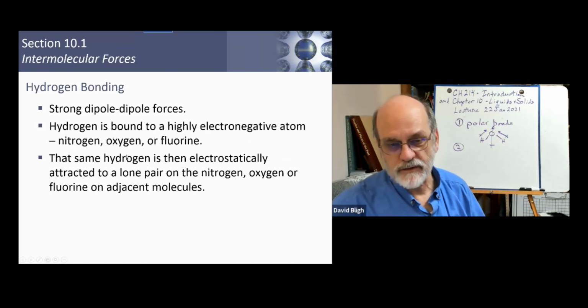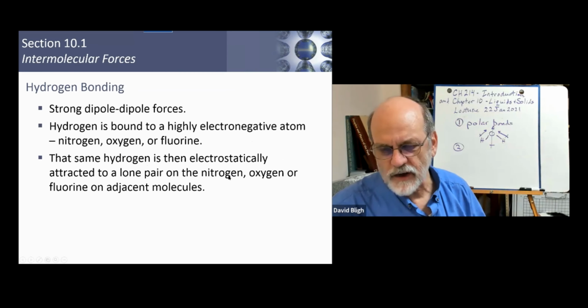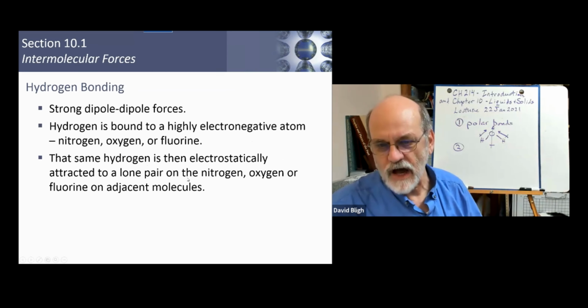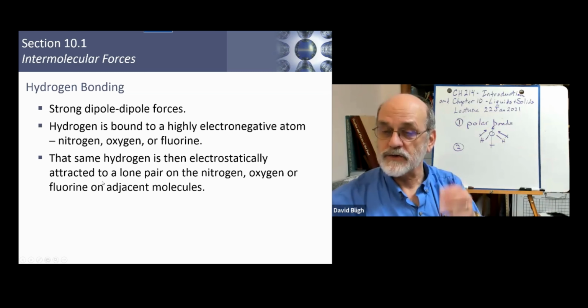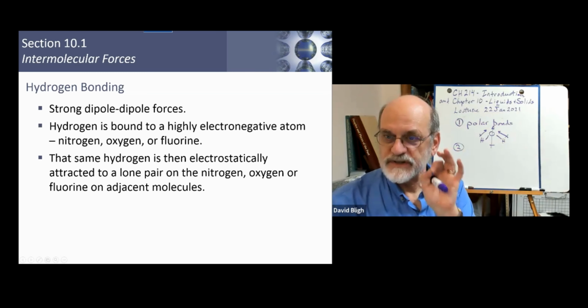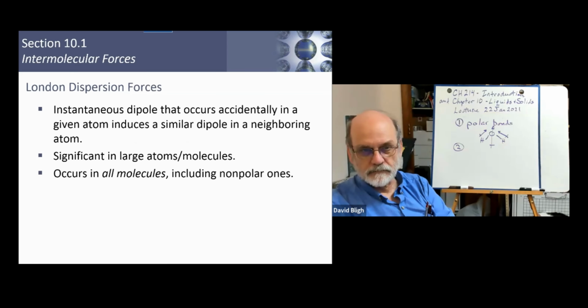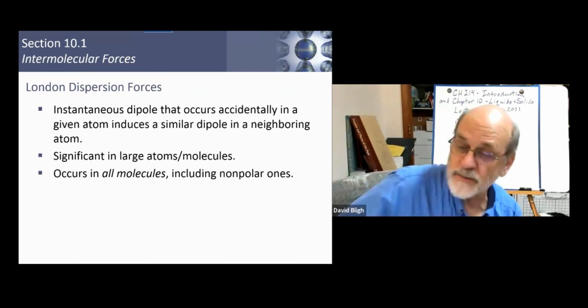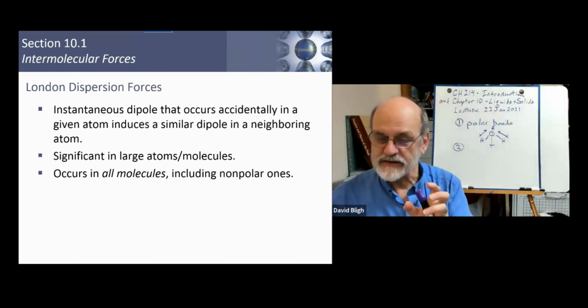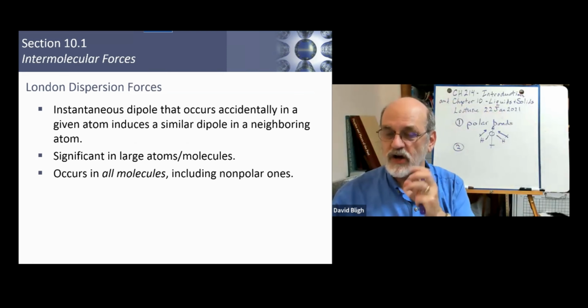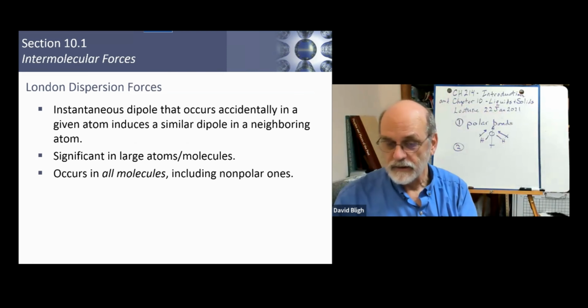Let's see. Okay, here's some other choices. All right, sulfur's not in there. Nitrogen, oxygen, fluorine with hydrogen will give you the potential for hydrogen bonding. London dispersion forces, we talked about those already. Actually, we talked about them in terms of noble gases, but London dispersion forces can occur in molecules as well.